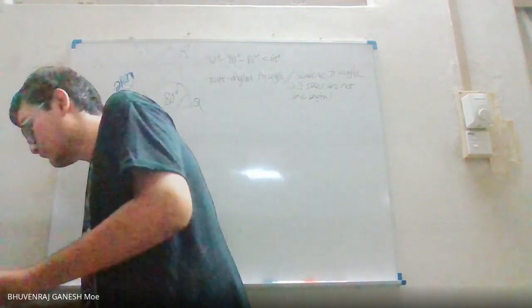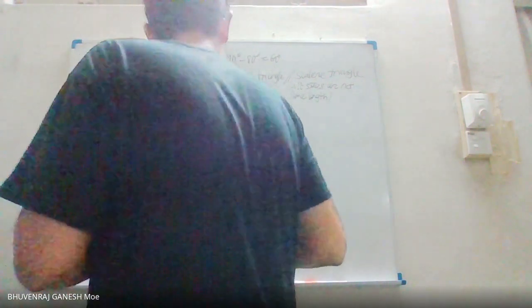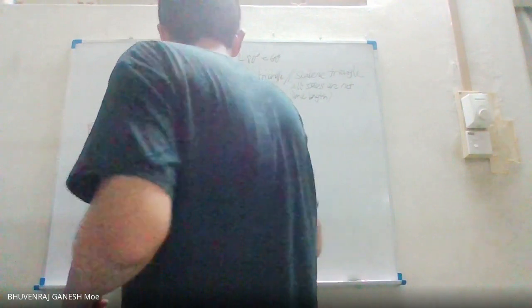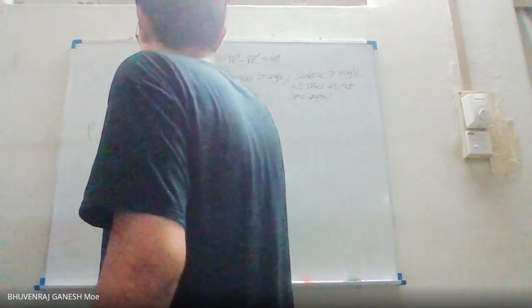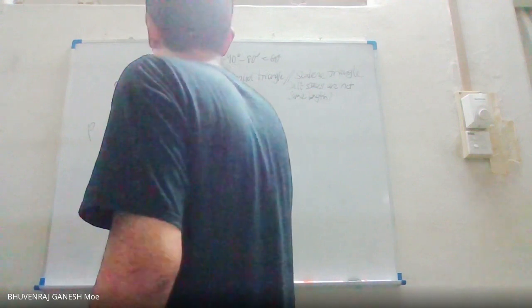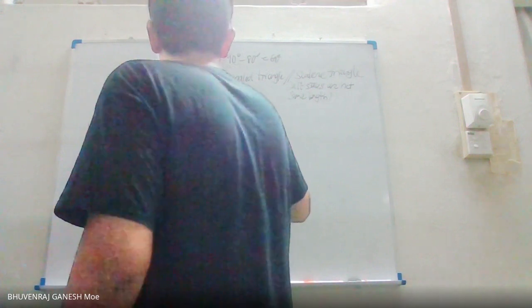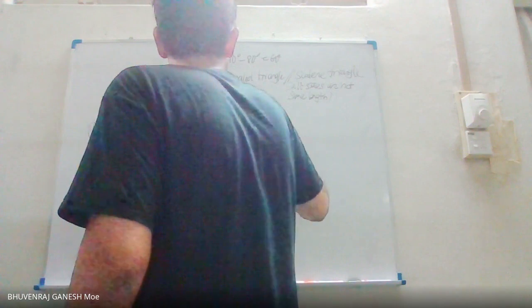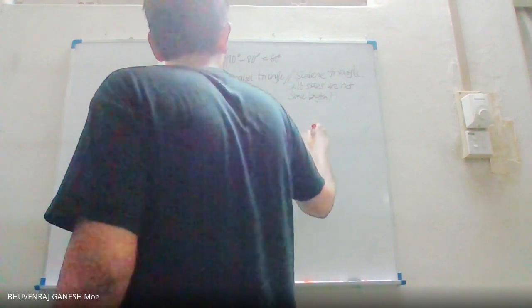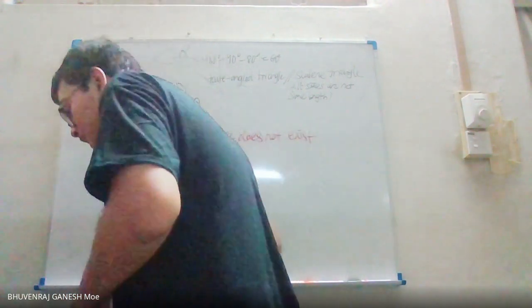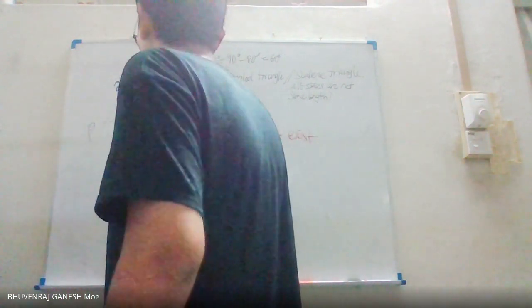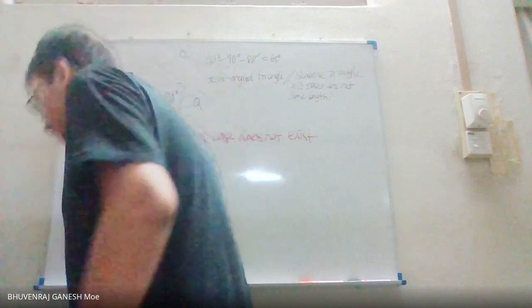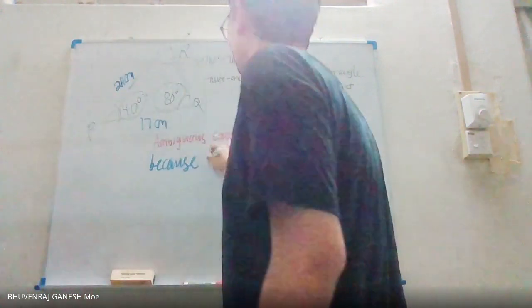So that's the reason. So how do they write this? Ambiguous case does not exist. Then you have to give your reason, because the angles of two sides are given.